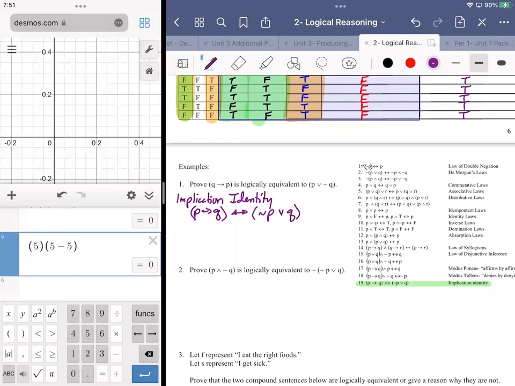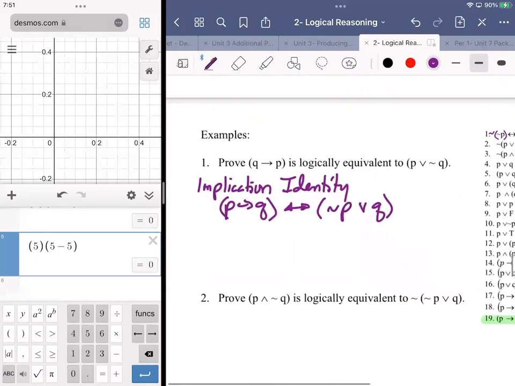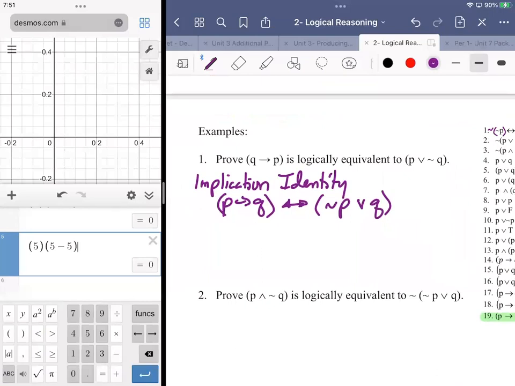So kind of look at it as, so-and-so is taking on the role of something, it's like the understudy. So here, Q is taking on the role of P, right?